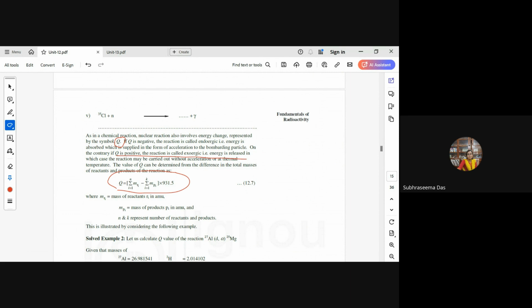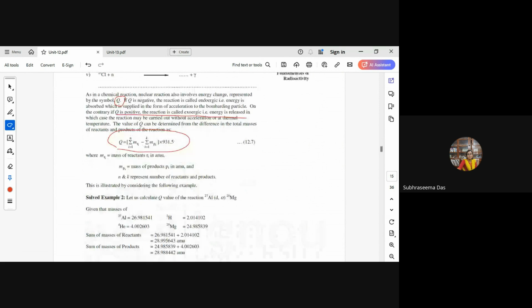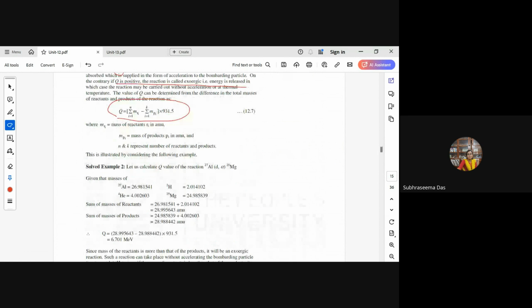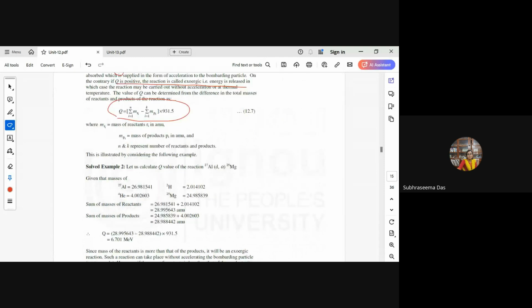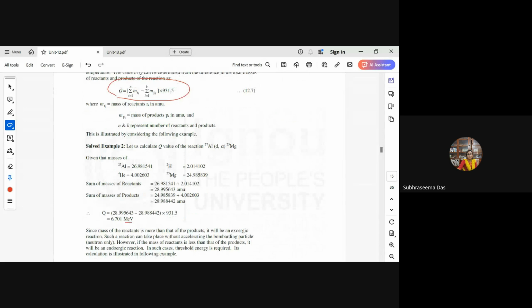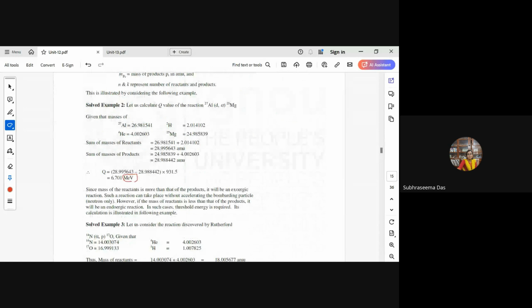So Q is calculated from the summation of the masses on the product side minus the summation of the masses on the reactant side, multiplied by 931.5. An example has been shown here that illustrates how to find the Q value. The unit comes out in MeV, that is, million electron volts, since much higher energy is involved in a nuclear reaction.